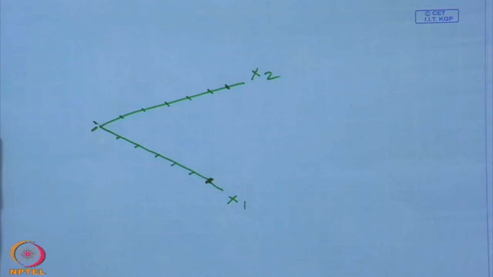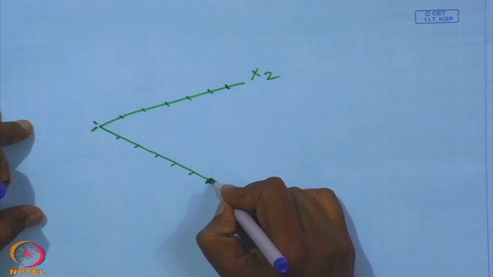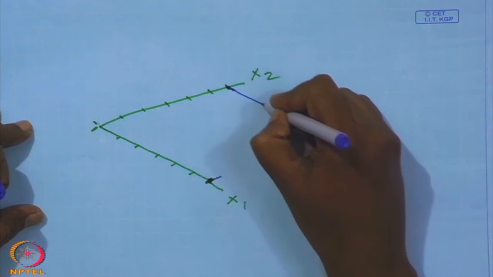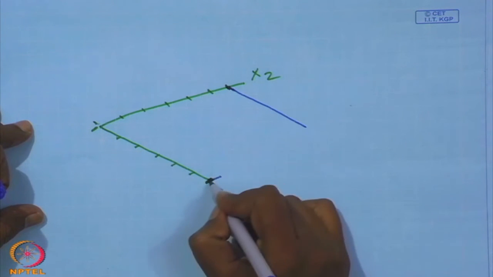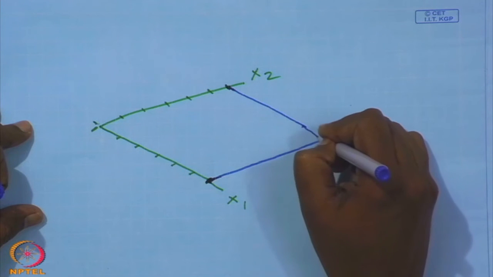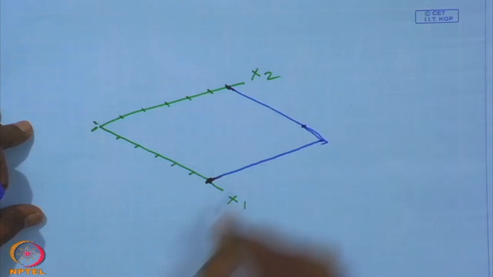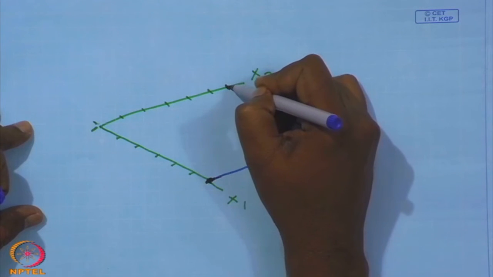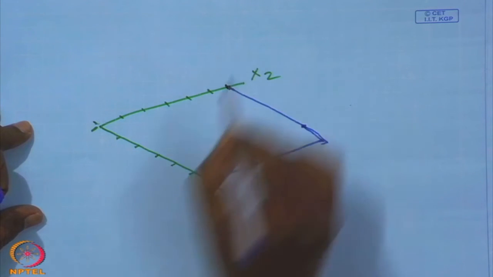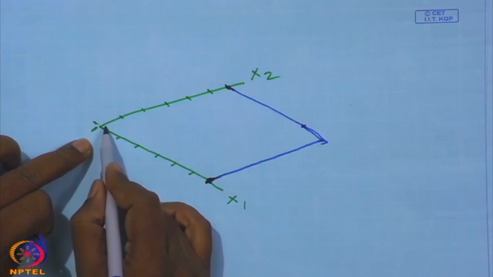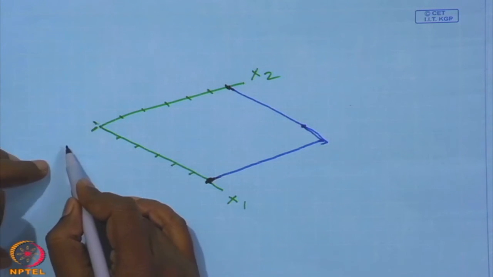So, effectively what we are doing is this limited, bounded space, which defines the range of x 1 x 2, because I cannot have any value of x 1 which is greater than this, any value of x 2 which is greater than this, any value of x 1 which is less than this, or any value of x 2 which is less than this.